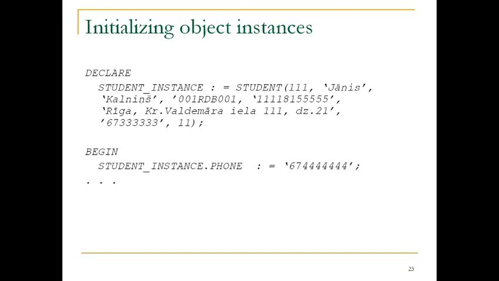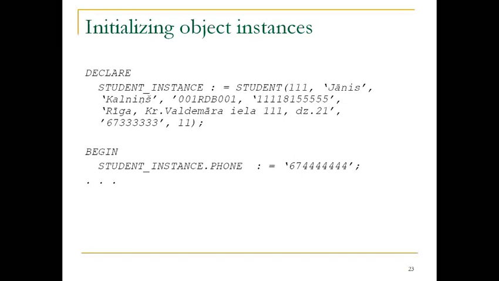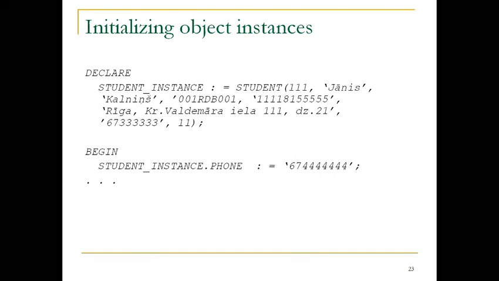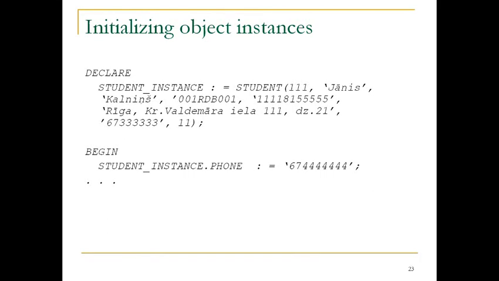The first thing is the new object will be created, and the second thing, these values will be assigned to its attributes. And the constructor function is defined by the system. You don't have to define it. And afterwards, you can access its attributes. For example, you can change the form of the object.